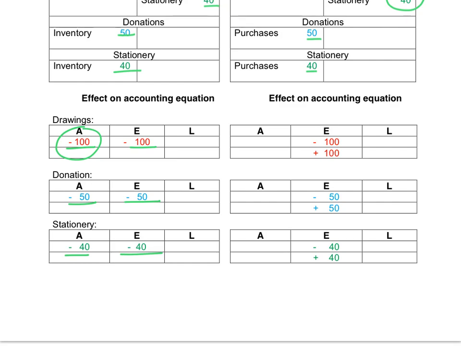So the expense was decreased every time, so we reduced the expense for purchases and we created another expense. So the purchases account, because it was credited, will increase the equity because you increase the profits if you reduce expense. Stationery, donation, drawings will reduce the equity because expenses decrease the profits.